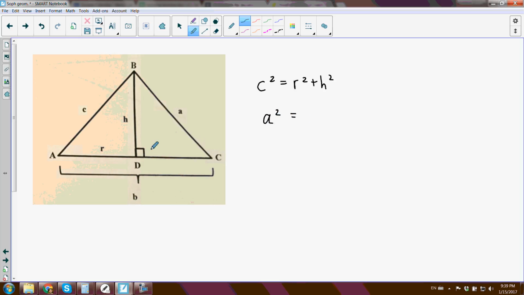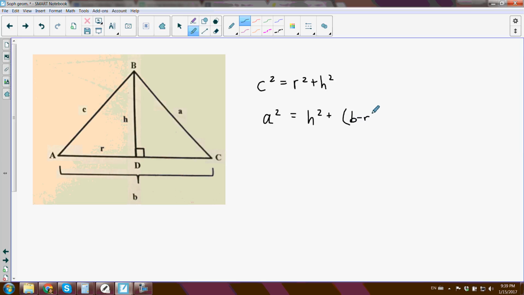equals h squared plus, well, what would this distance here be? That would be b, this entire length here, minus r.